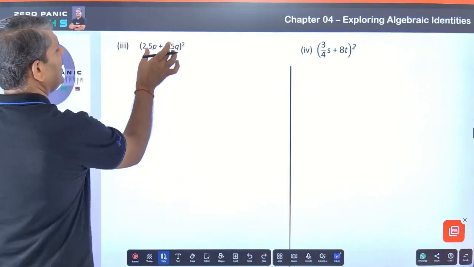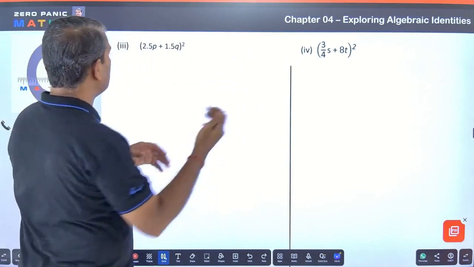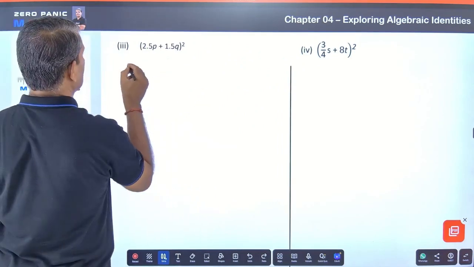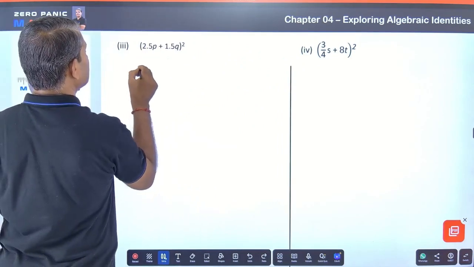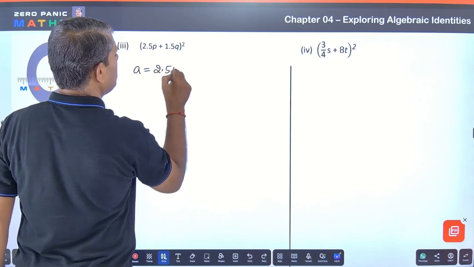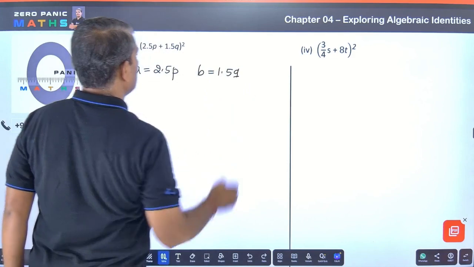Now again it is the same identity. We are just replacing a and b values with different rationals or negative values and so on. Now here a is equal to 2.5p and b is equal to 1.5q.